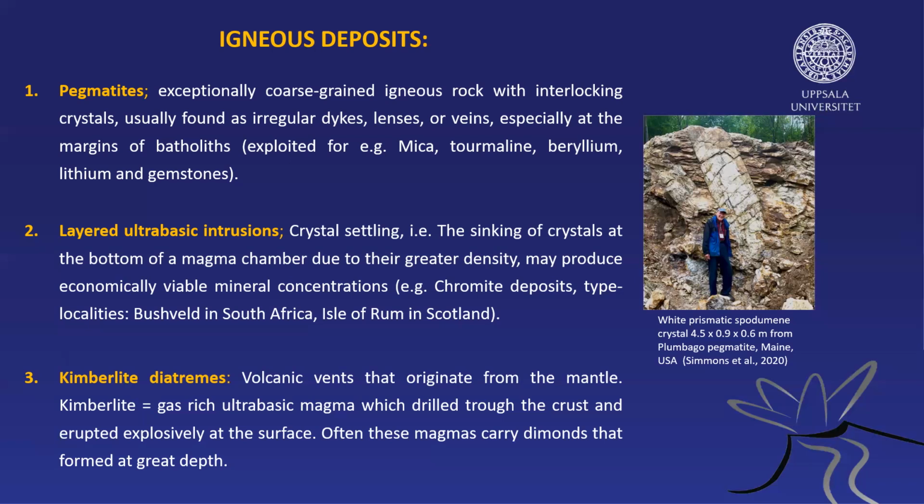Kimberlites are gas-rich. They are ultra basic. That means they are enriched in magnesium and iron, and they go through the surface. And because they are gas rich, when they are close to the surface, you have a volcanic explosion, and that forms a diatreme. Kimberlites are very interesting because they contain diamonds.